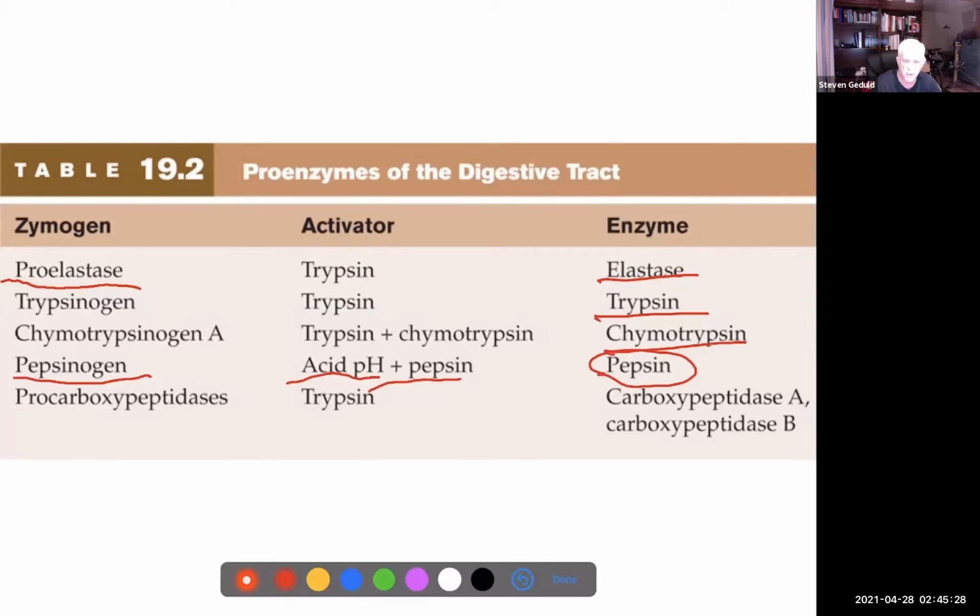Procarboxypeptidases: trypsin, again, is the activator. Carboxypeptidase A and carboxypeptidase B come from the procarboxypeptidases. So what you need to know is a proenzyme is made, it is inactive. It becomes active where the active site is by a certain factor. Pepsinogen goes to pepsin in the presence of acid pH and the presence of pepsin originally being there.